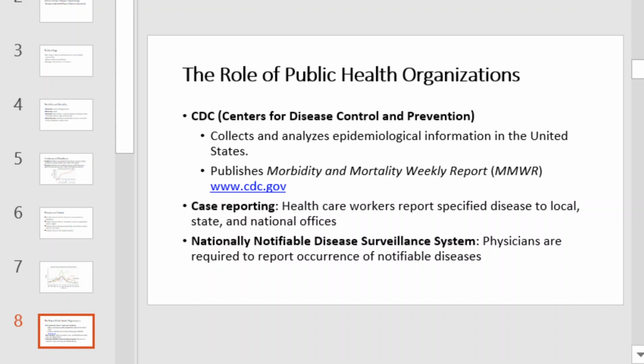Case reporting includes healthcare workers who report specific diseases to local, state, and national offices. The Nationally Notifiable Disease Surveillance System includes physicians who are required to report the occurrence of notable diseases.